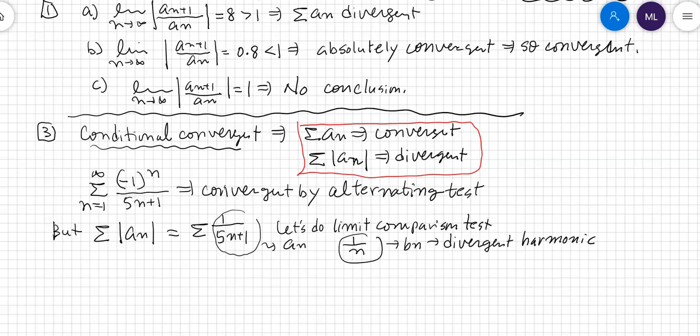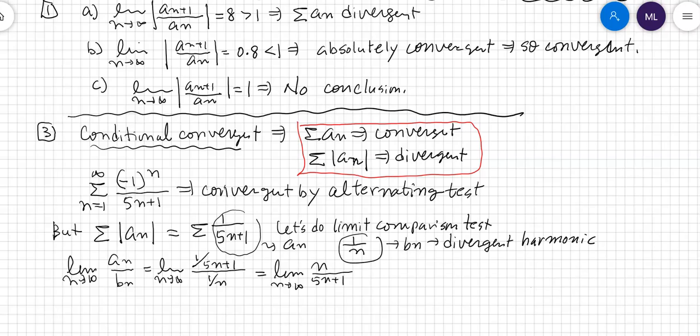Okay, so limit as n goes to infinity of aₙ over bₙ. Remember this one? This is limit of 1 over 5n plus 1 over 1 over n, which is limit of n over 5n plus 1.